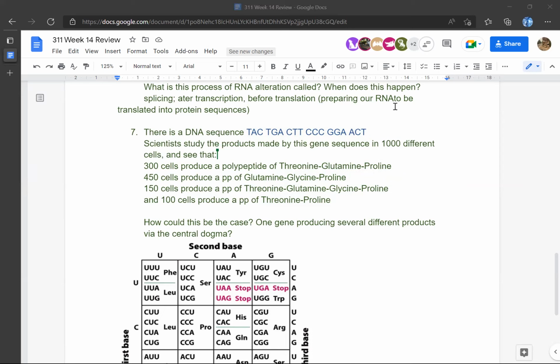Sorry, chat's not opening up. Joseph says it depends on the splicing. Yes, Usman, good job. Alternation. Oh, which one? You have to choose, Usman. Is it alternation or multiple splicing?